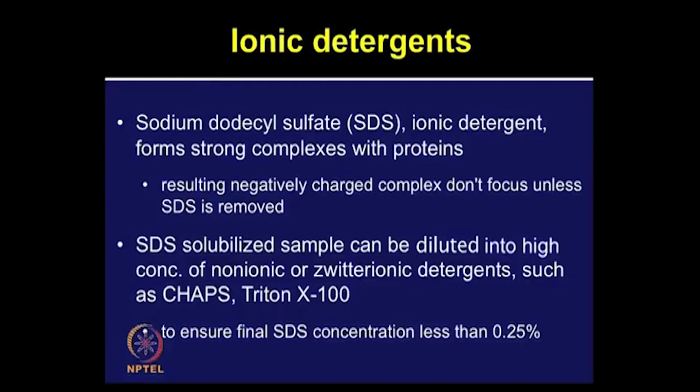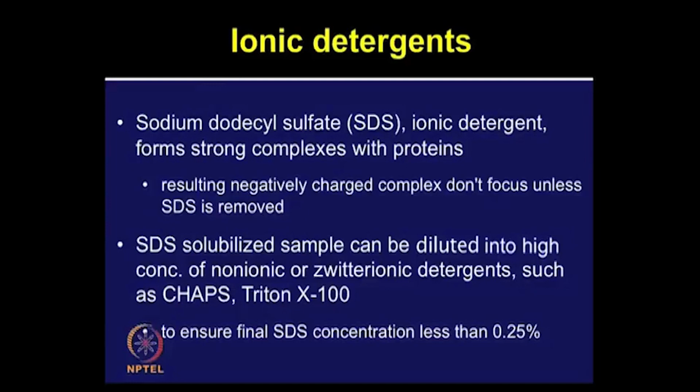However, if later your aim is to perform protein separation by using isoelectric focusing or other gel based methods, it is going to create some problems, because SDS will bind to the proteins, which will result in a negatively charged complex, and that will not focus unless the SDS is removed from the protein sample mixture.